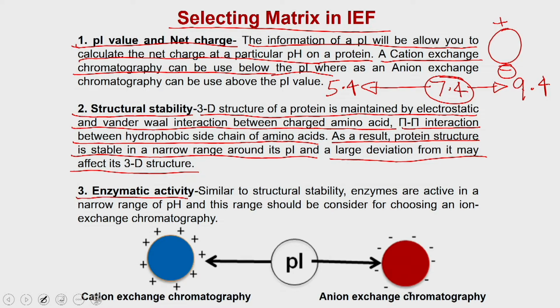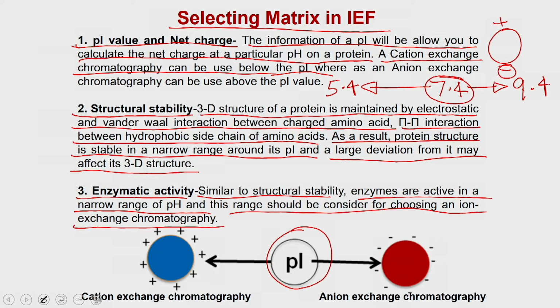In case you are purifying an enzyme, then similar to structural stability, enzymes are active in a very narrow range of pH, and this range should be considered when choosing anion exchange chromatography. So, as given, if you go lower than the pI value, you will be able to use cation exchange chromatography.